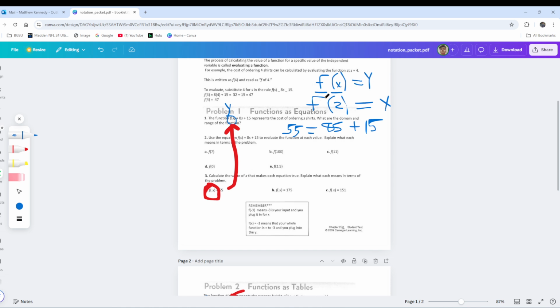If I have a letter and a number, that's the x. I'm going to plug in 2 or plug in 0 or plug in 11. I'm going to plug that into the variable, which in most cases is x. Other times they may get fancy and put s or a different variable.